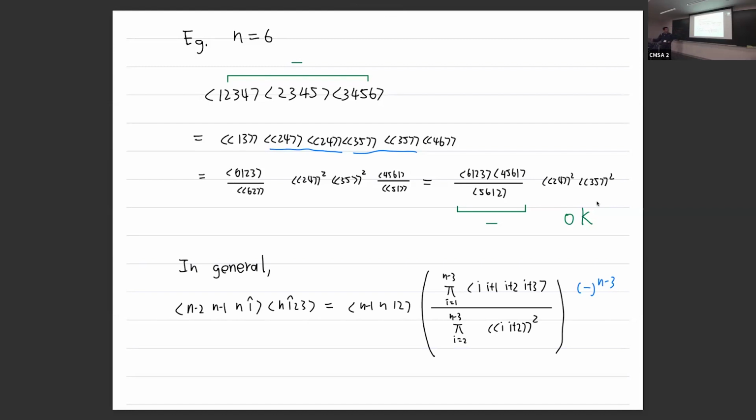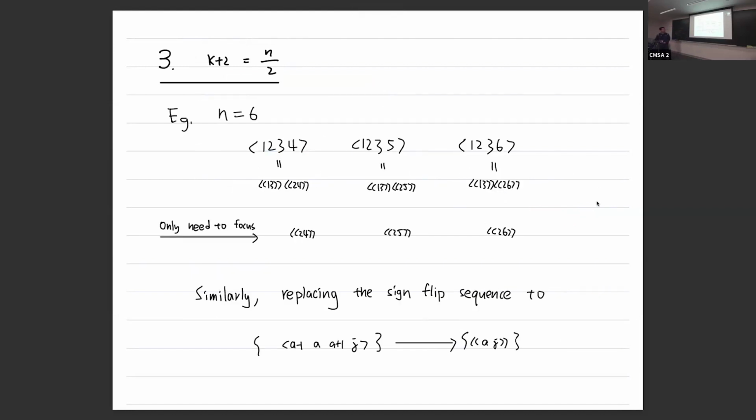Next, now n is even, so this k must be an integer. I show that k can be the middle one, they satisfy k plus 2 equal to n over 2. So we start with the 6-point and consider the sign flipping sequence. The k-minimum here has k sign flips in this sequence.